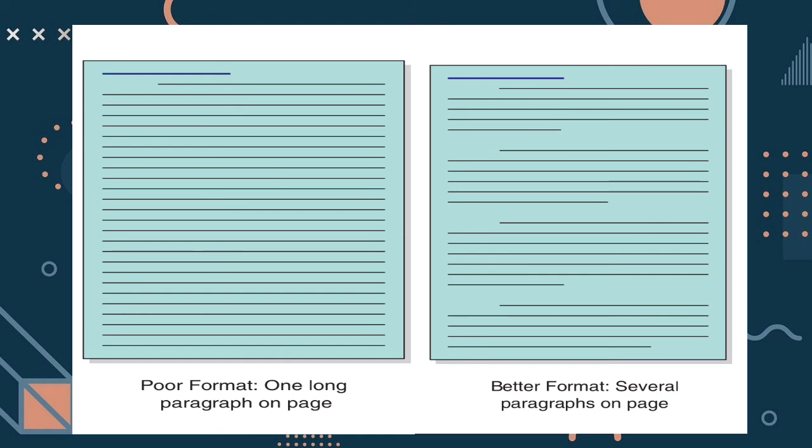The better format is the second one, several paragraphs on the page, because if we use the first format, it would give us difficulty to follow and read the information or sentences written in the paragraph.